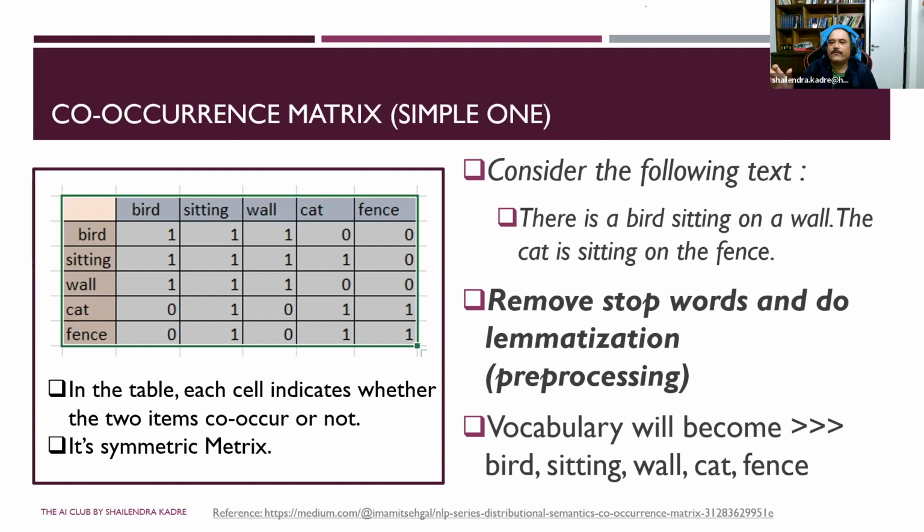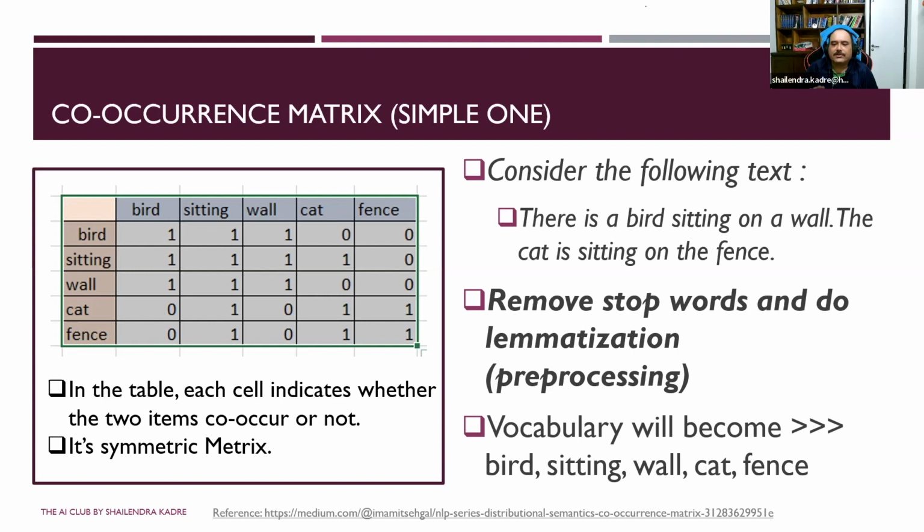From the second sentence, similarly, we get cat and fence, since the and on are stop words. So from this document, which had 2 sentences, we get these 5 words: bird, sitting, wall, cat, and fence.